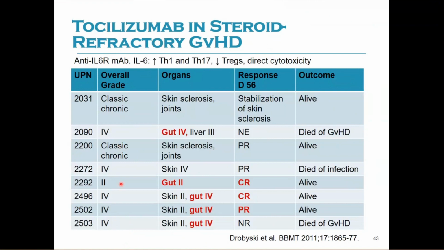The response by day 56 indicated an activity of tocilizumab against refractory acute GVHD, but again, infections were the primary adverse events.